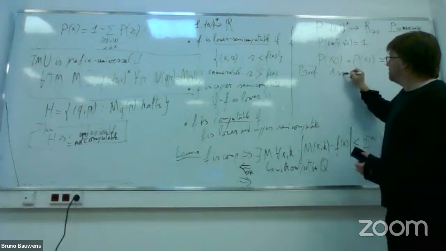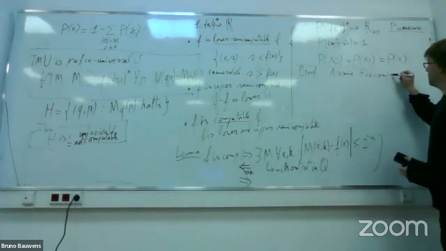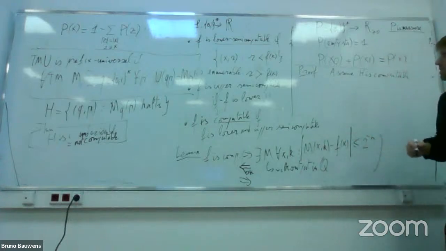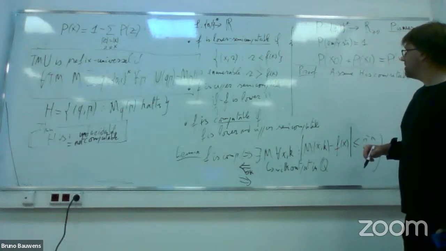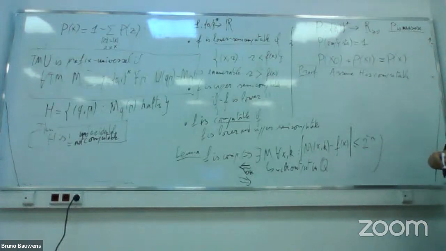So assume H is computable. Then there exists a machine that... how does it work?